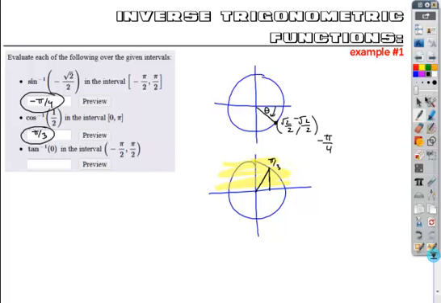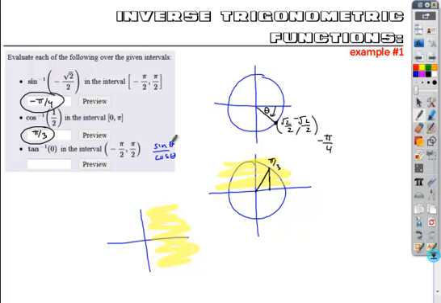Okay? And then finally, this last example here, the inverse tan of 0. So when you're looking at inverse tangents, you're looking at these two quadrants. Okay? And so the tangent is sine over cosine. In these two quadrants, the location where the tangent is 0 means that the sine over cosine has to be 0.